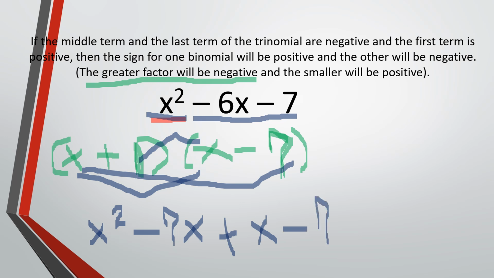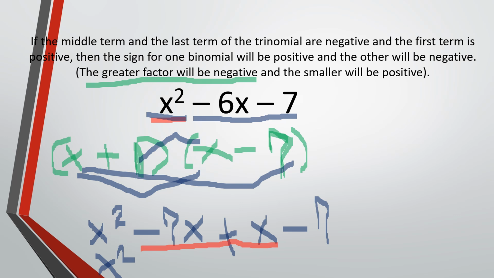Now, after that, you bring down the first term. And then you combine the middle terms. As you can see, our middle terms are negative 7x and positive x. Take note, they have different signs. That means we have to subtract them.